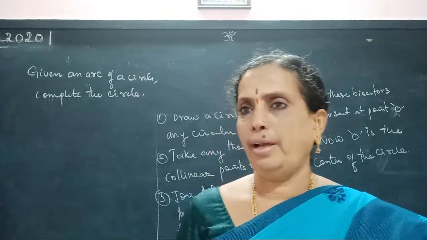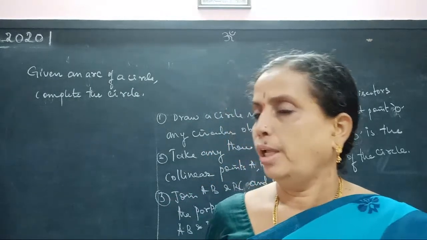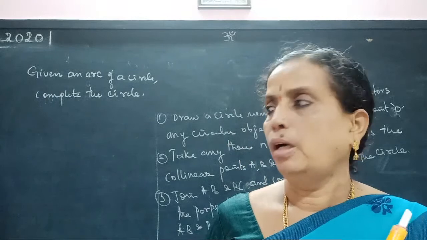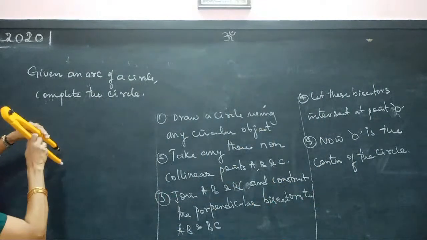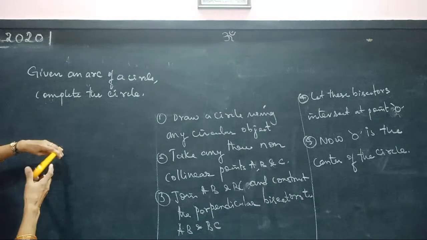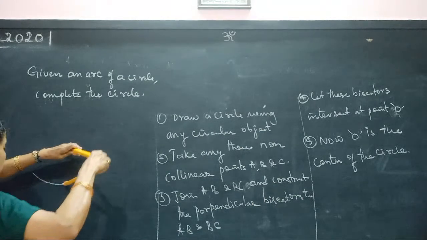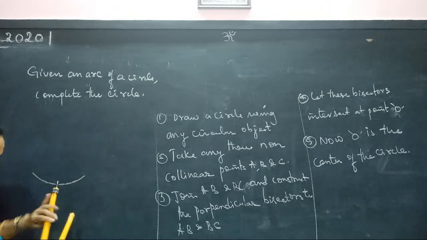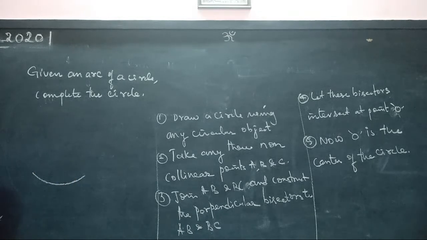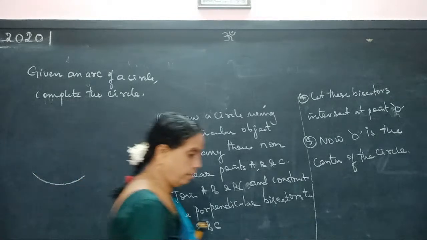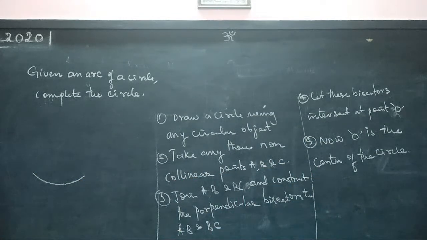You might have got an idea how to do this. Anyhow, in the beginning, I will show you the procedure. The given condition is, this is the given arc. We have to complete the circle.